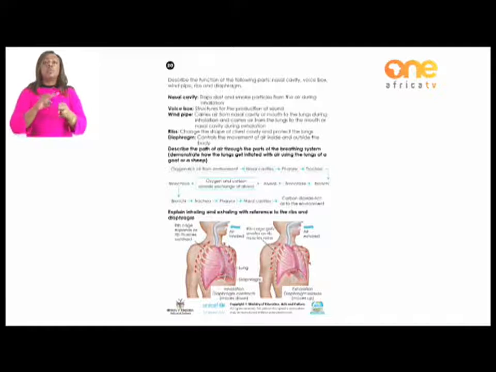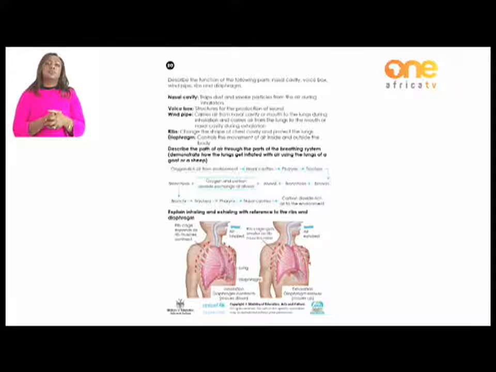In short, when we are breathing, it's actually a two-way process: the air going in and the air going out. When the air is going in, it starts with our nose and ends with our lungs. But when we are breathing out, it starts with our lungs and ends with our nose and the mouth.